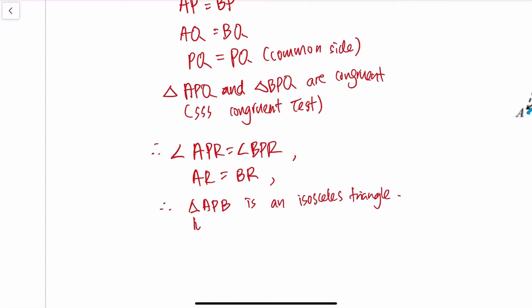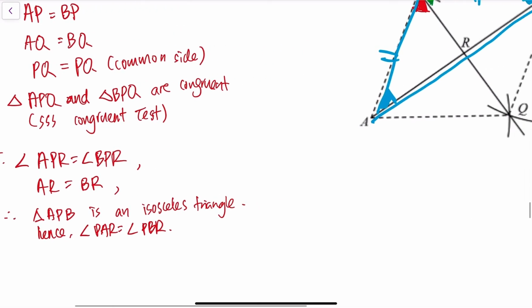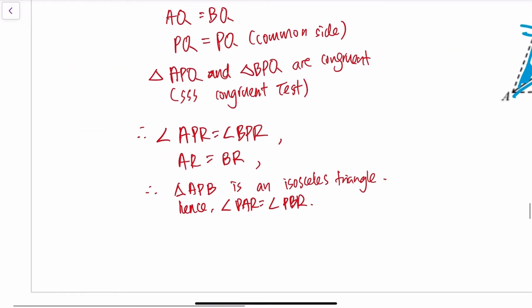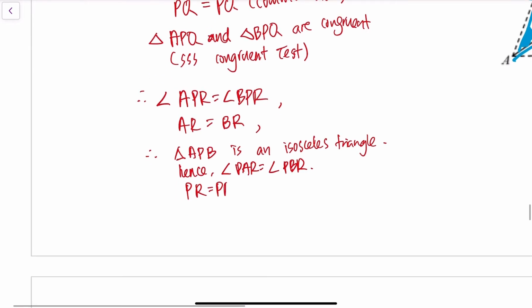So hence angle PAR is equal to angle PBR. And because these two triangles also share the same length, look at this side, I will say that PR is equal to PR because of common side.